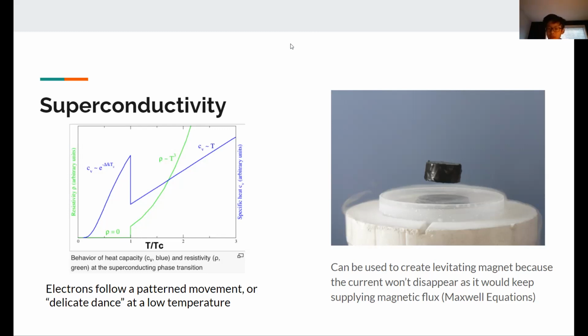Basically, it will induce a force, and there will be a magnetic flux, so it'll keep it levitating. And that's all because the current would always be running and it wouldn't disappear.